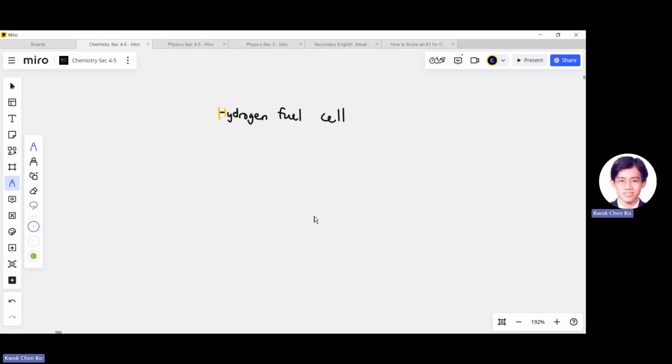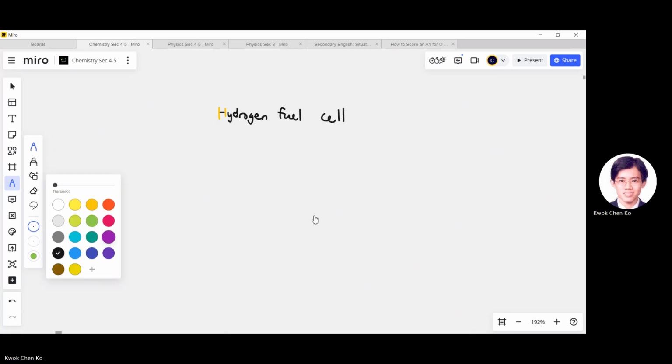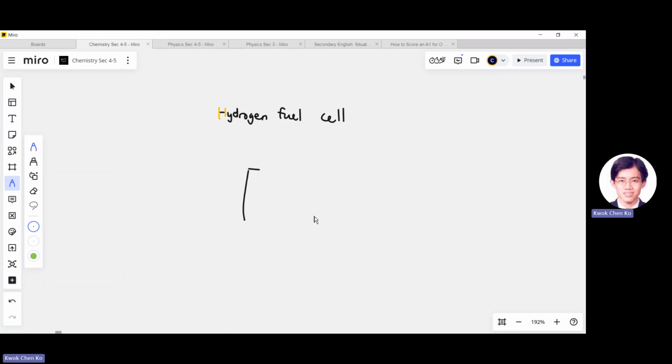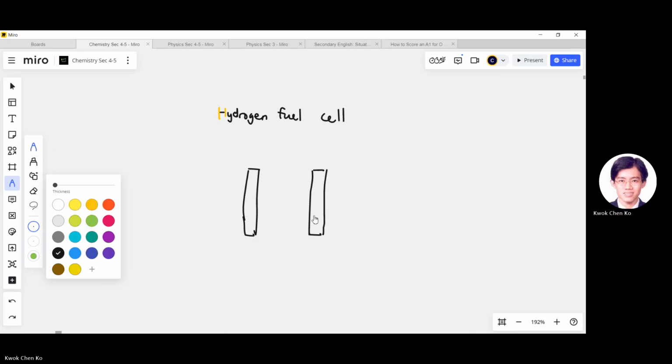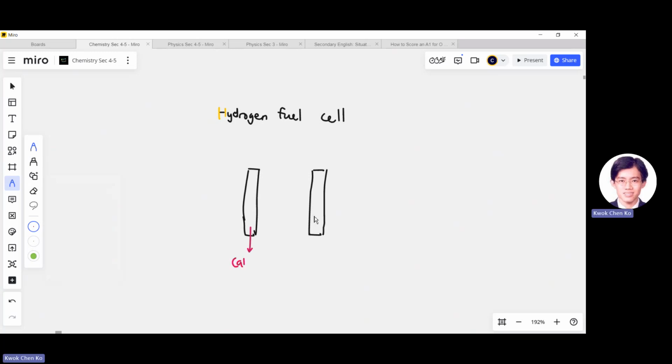Now, same thing. I still need 2 electrodes. Okay, I'll make this one red instead. This is the cathode.